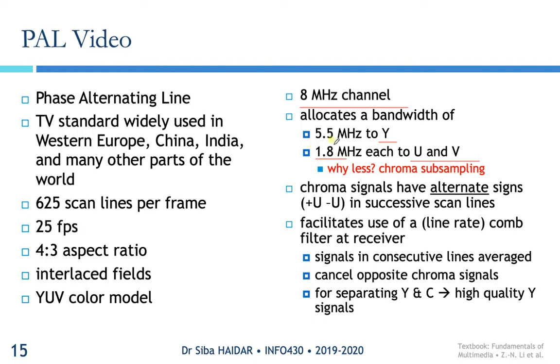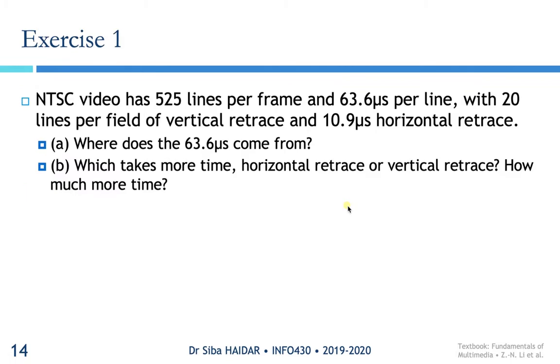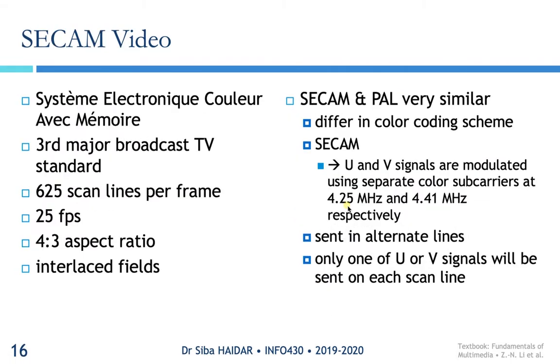So we have 5.5 megahertz for the Y channel and 1.8 megahertz for each of the U and V channels. So why less? We will talk just right now about chroma subsampling. So we don't send all of the U and V channels, we subsample them, we send parts of them. Why? We will explain why. And this is also valid for the NTSC standard and for the SECAM standard.